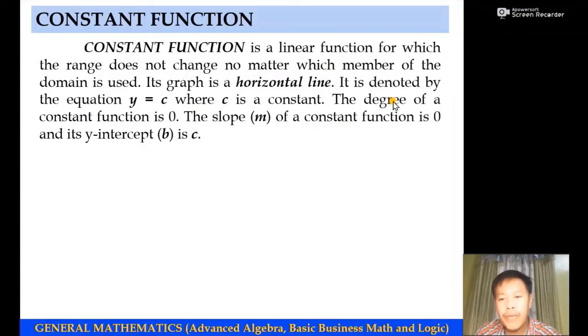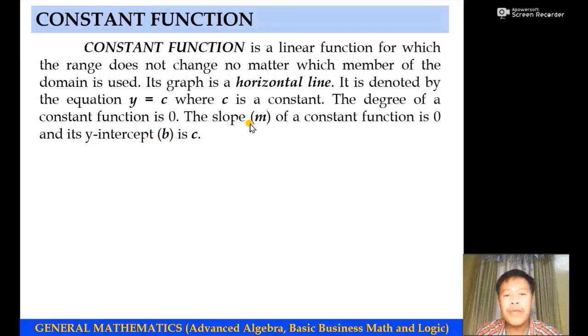Degree of a polynomial or degree of a certain function refers to the highest exponent of x. Because if we are talking about a function, we always deal with the exponent of y, which is 1. The slope of a constant function is 0, and its y-intercept b is c.